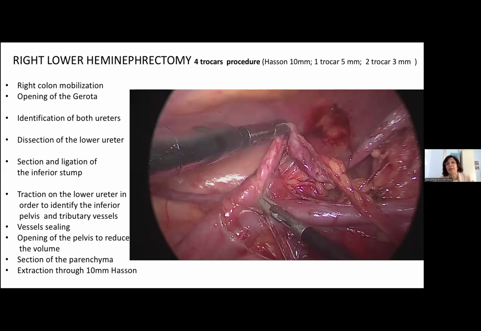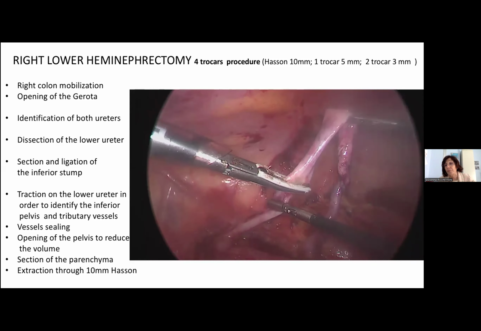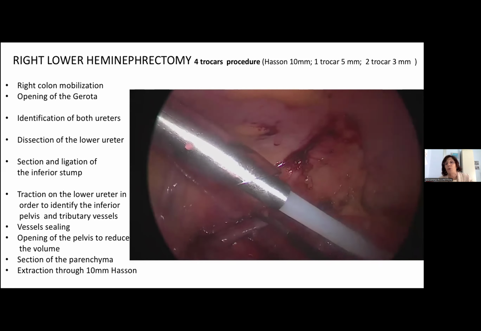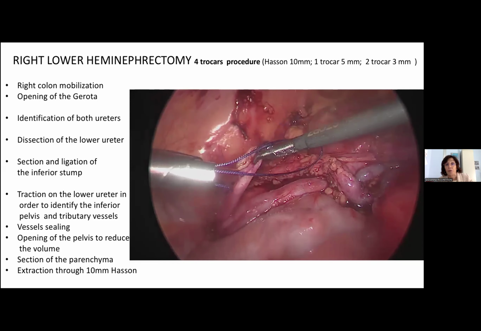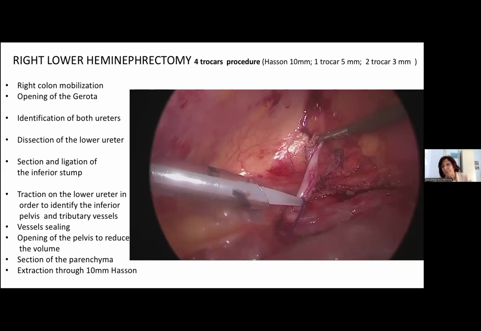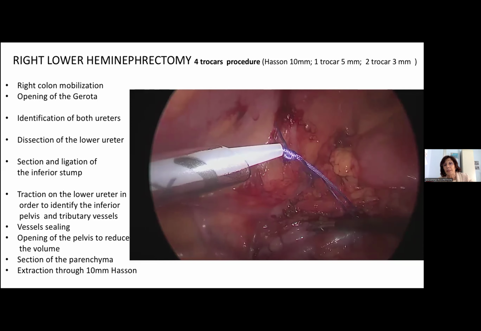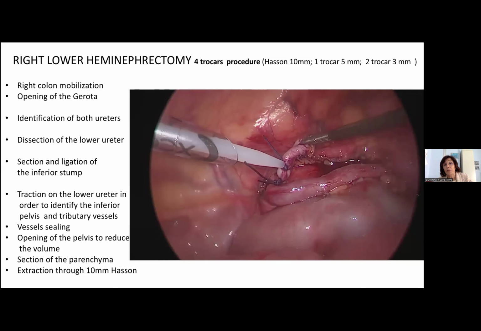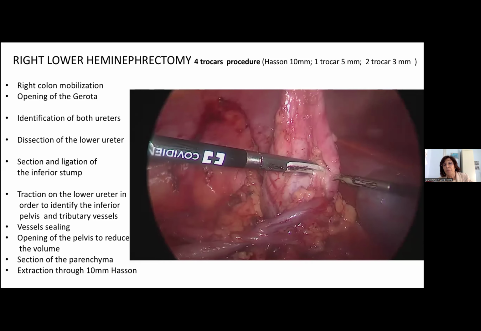And in the dissection, I try to stay very close to the ureter of the lower pole. Then, after the dissection of the lower stump, using an endoloop, we closed the lower stump, and then we moved back to the dissection of the pelvis.